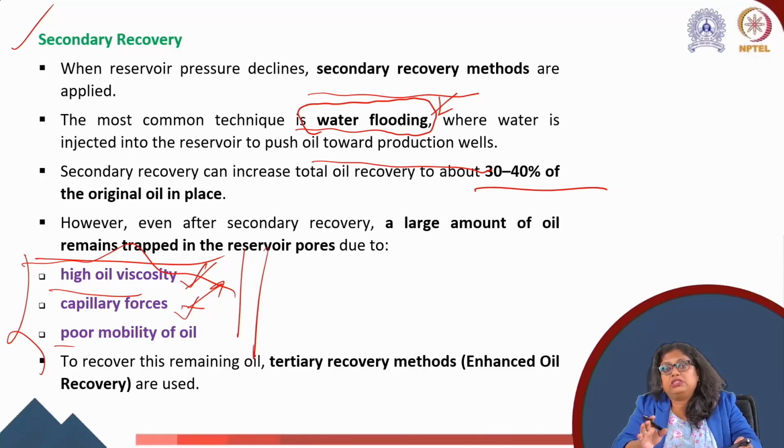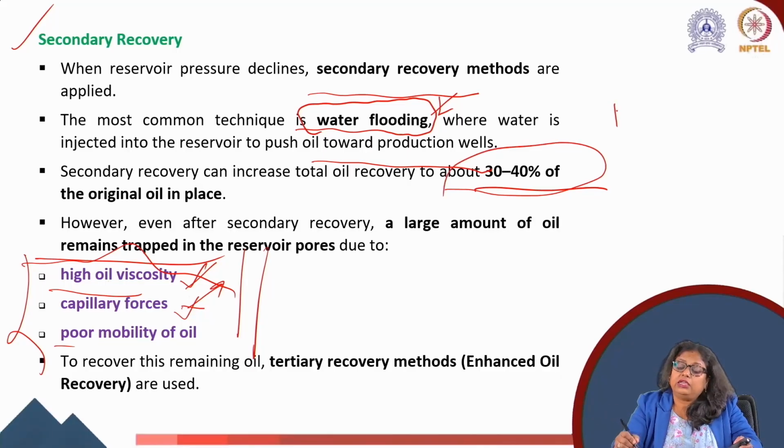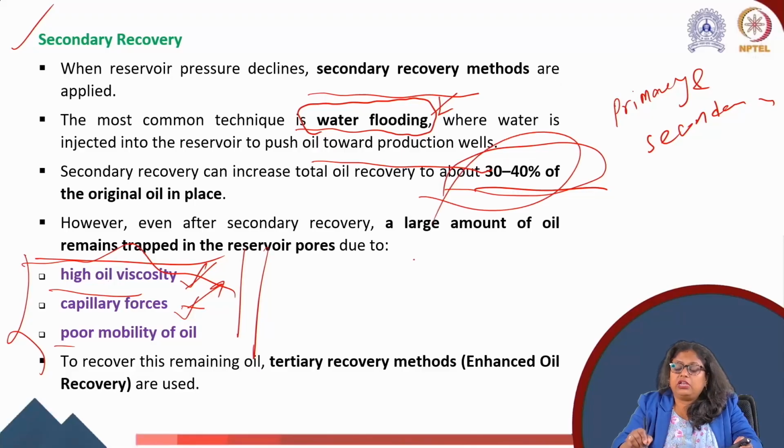Only 30 to 40% of the original oil in place was recovered in primary and secondary recovery, so approximately 60% of the oil is still trapped and needs to be recovered.